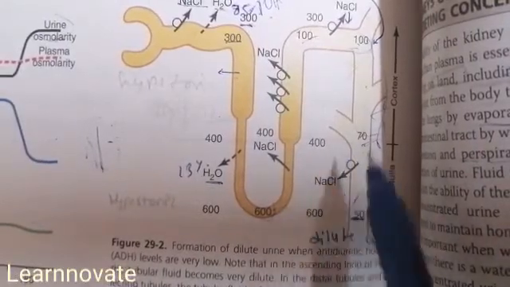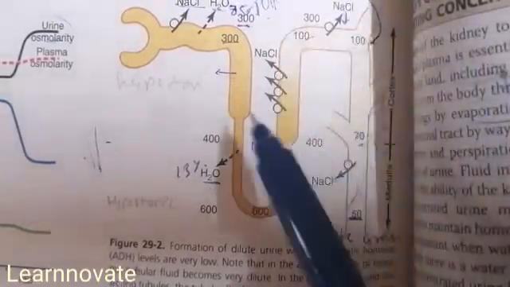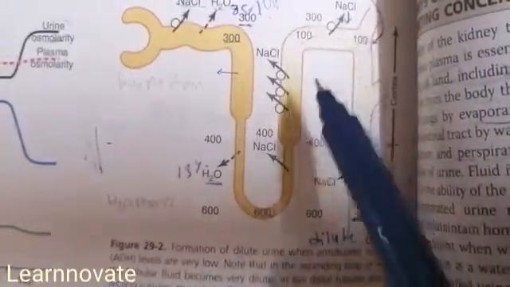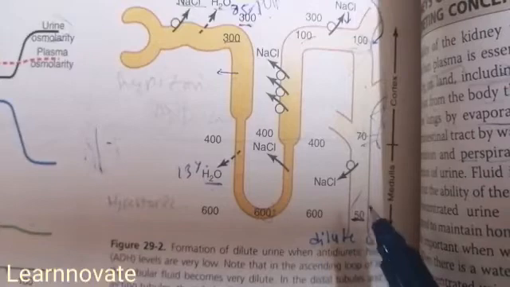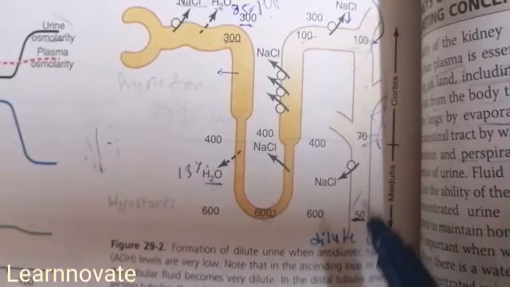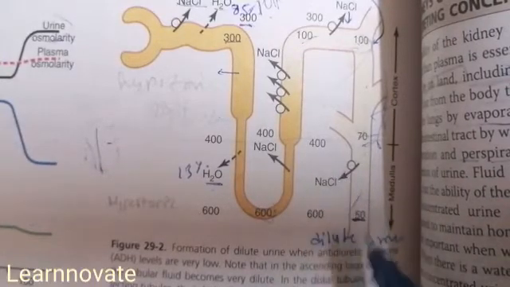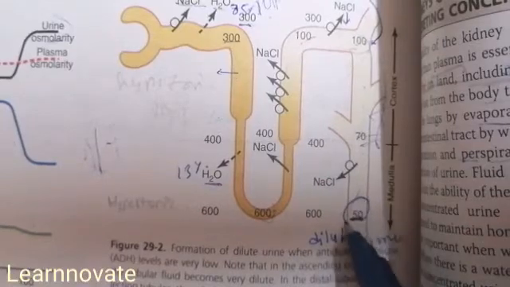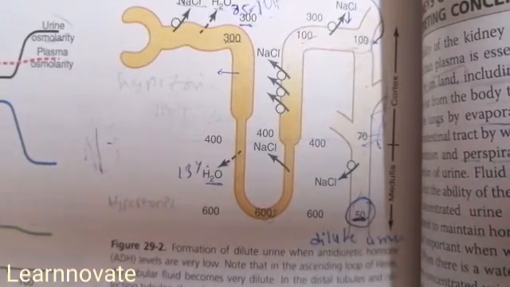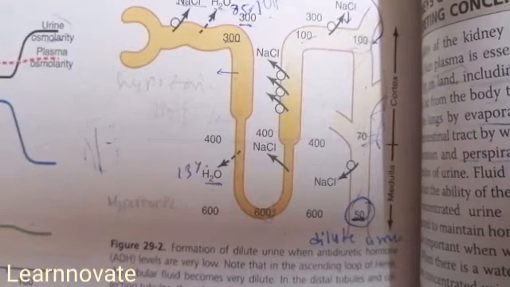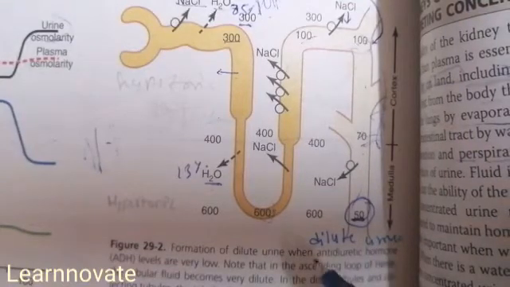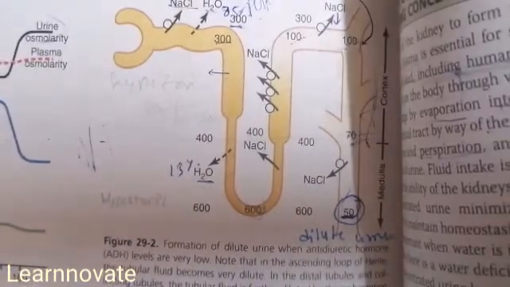In this way, in the absence of ADH, the fluid that passes through the loop of Henle and then the collecting duct is hypotonic to the plasma. Here you can see the osmolarity is decreased to about 50 milliosmol per liter, which is very hypotonic. In this way the kidney excretes dilute, or hypotonic, urine.